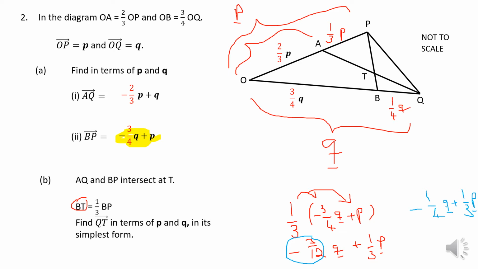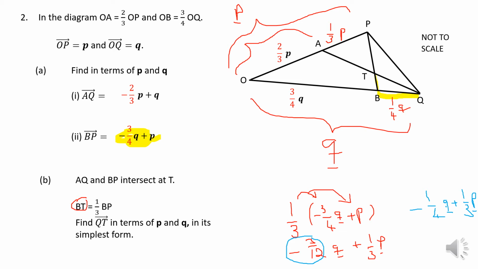Right. So now that I have that BT, we are supposed to find QT. For you to find from Q to T is a very interesting direction that you're going to take. When you are going from Q to T, you're going to go QB plus BT.